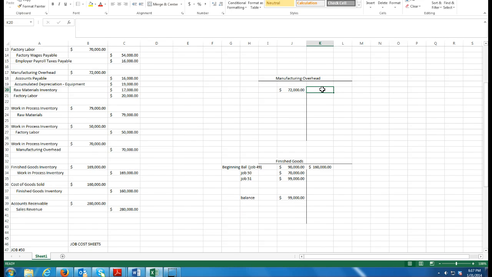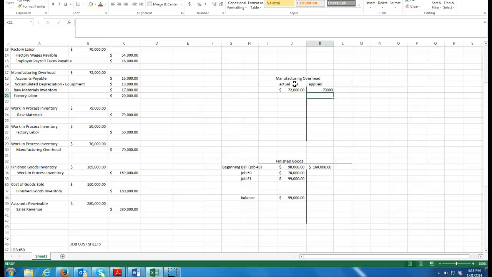So what we'll do is the actual here is 72. What we applied was 70. So what does that tell us? We actually had more manufacturing overhead during the month than what we really applied or predetermined we were going to have.